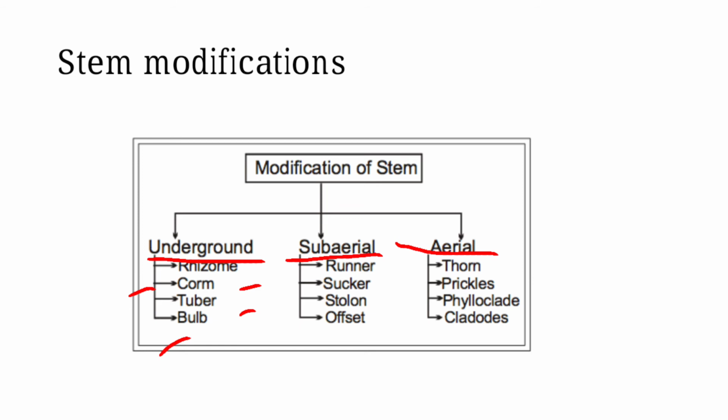Under subaerial stem modification, we are having the runner, the sucker, the stolon, and the offsets. We are also having examples of aerial modified stems, where we are having the thorns, the prickles, the cladodes, and the phylloclades.